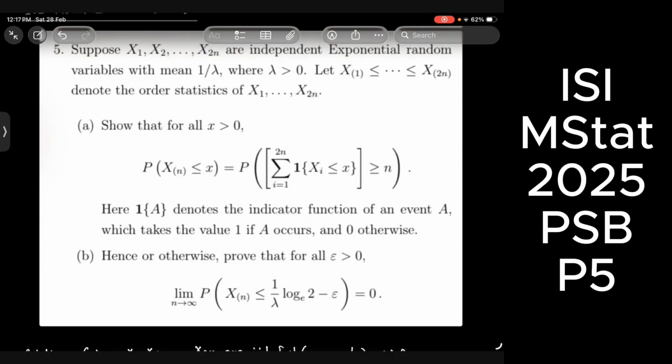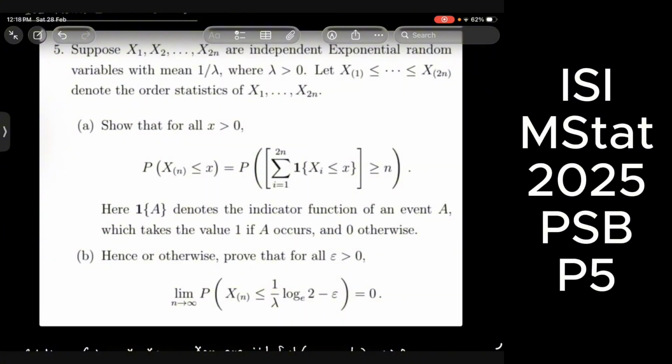Then x order n less than x means the CDF of... no, let me think. If all the x order 1, x order 2 are in order, then x order n less than x must be the summation of all those less than x.